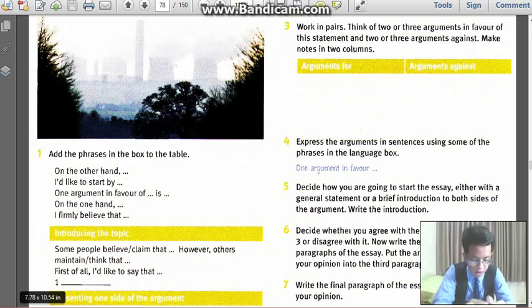The arguments for the statement: larger countries mean they will have a high population. A high population means greater energy consumption, because they will have to use a lot of energy for their houses, factories, and public places.